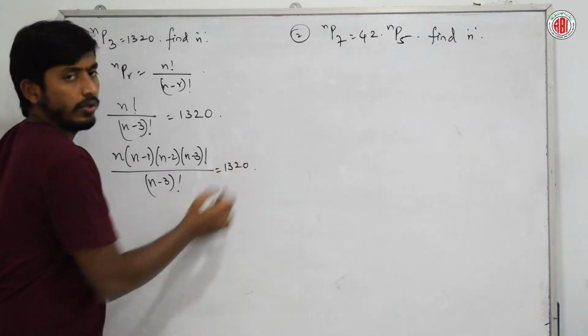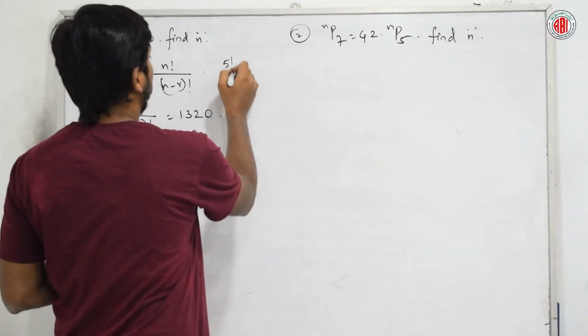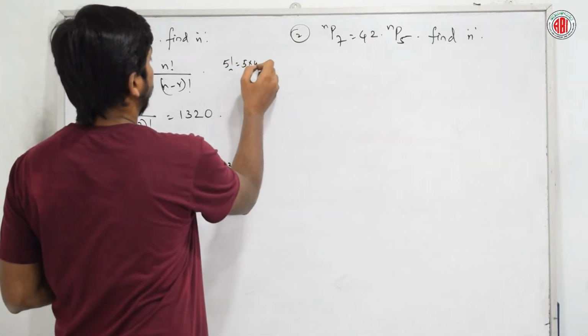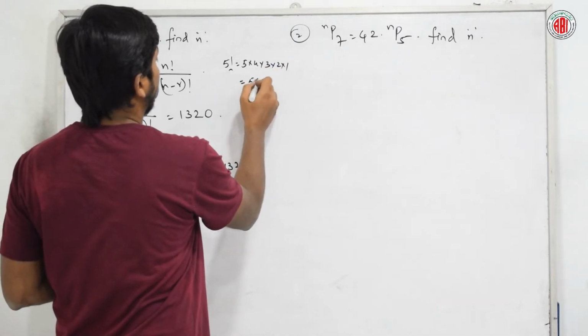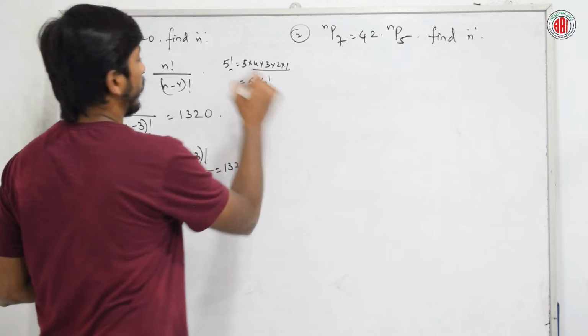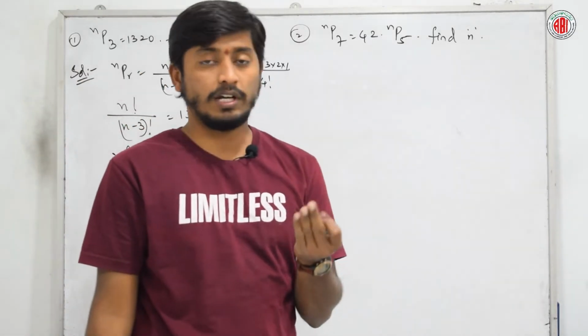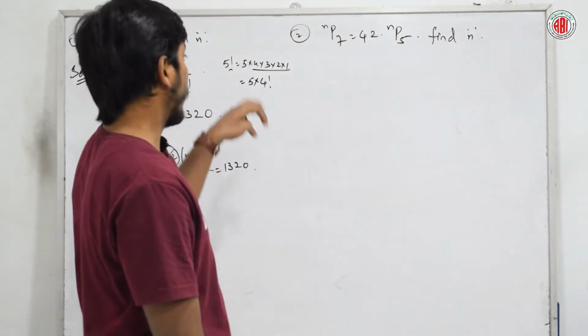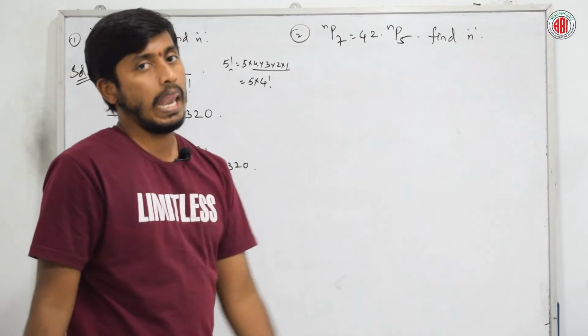Yes or no? Once again let me tell you, if I have 5 factorial, I write it as 5, 4, 3, 2, 1. Instead of that, can I write it as 5 into 4 factorial? Yes or no? 4 factorial itself is 4, 3, 2, 1. So instead of writing this whole thing, I will just write 5 into 4 factorial.